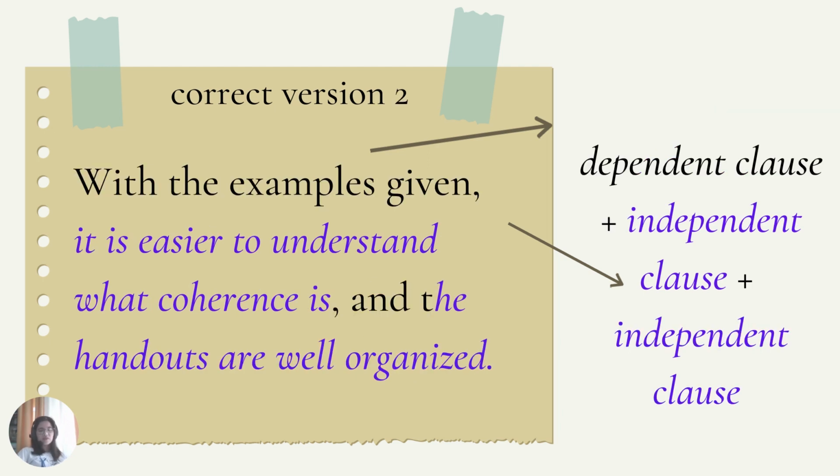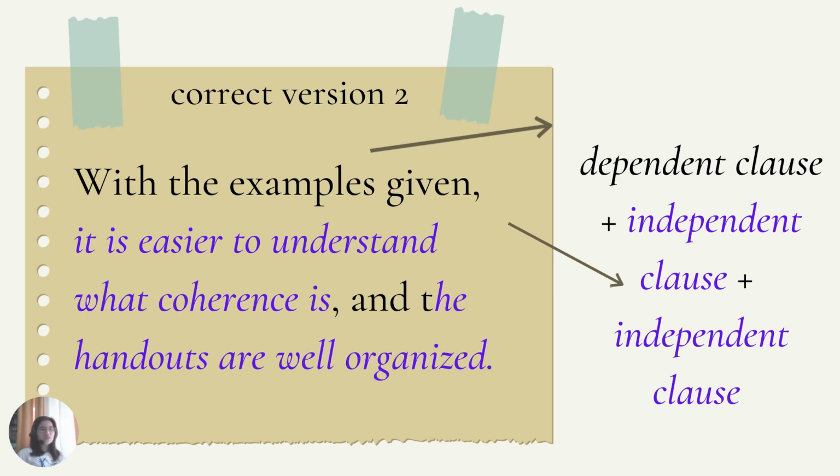Okay, so let's have version number 2. This is to place the dependent clause at the beginning. The one in black, the dependent clause, at the beginning, plus the independent clause, comma, and then the second independent clause. So make sure that you put this one, with examples given, comma, and then place after that the second independent clause.